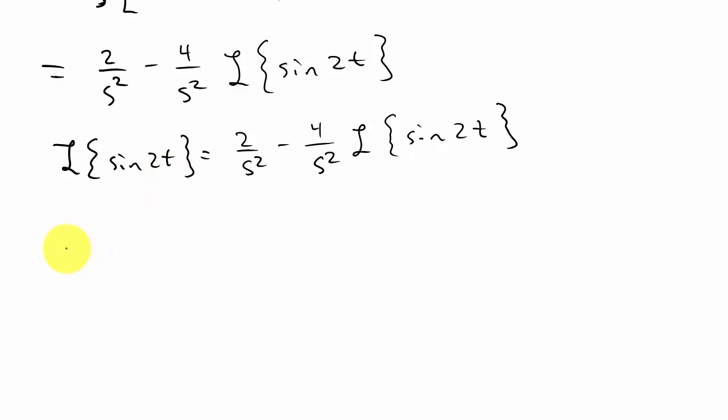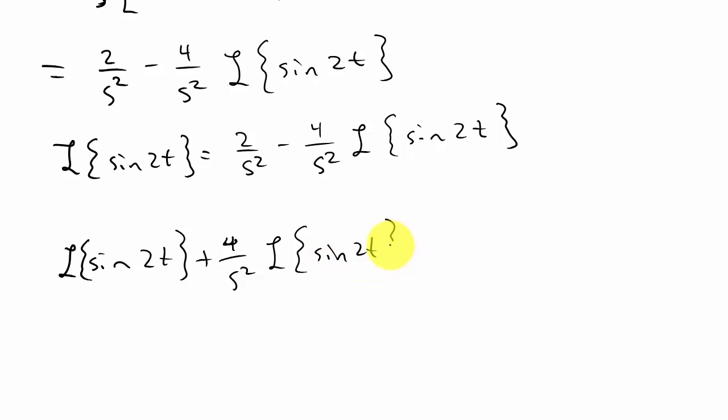So I'll bring this to the other side. That's the Laplace transform of sine 2t plus 4 over s squared times the Laplace transform of sine 2t equals 2 over s squared.